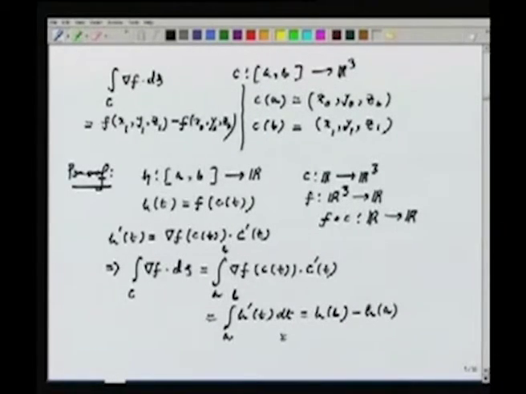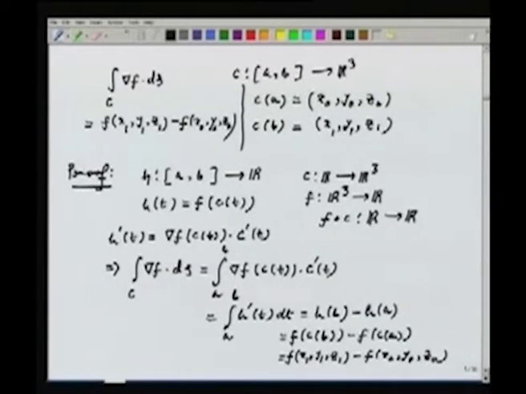Apply this to the definition of h to get that this is f(c(b)) minus f(c(a)), that is f(x1, y1, z1) minus f(x0, y0, z0). This is precisely what we wanted to prove.